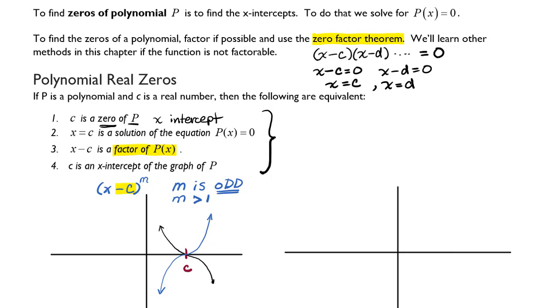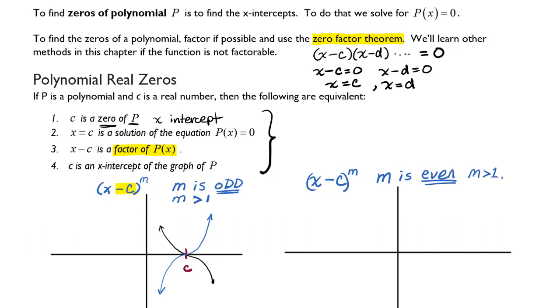Now let's look at the other possibility for your multiplicities. Let's say you have a binomial x minus c and it's raised to the m, and m, the multiplicity, is even. We also can say that m is greater than 1.